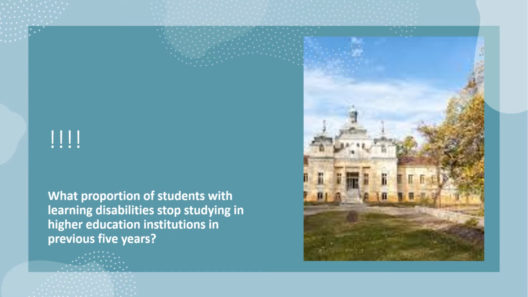Let's take an example. We might be interested in institutions with any type of learning. This first question is a quantitative question. What proportion of students with learning disabilities stop studying in higher education institutions in the previous 5 years?